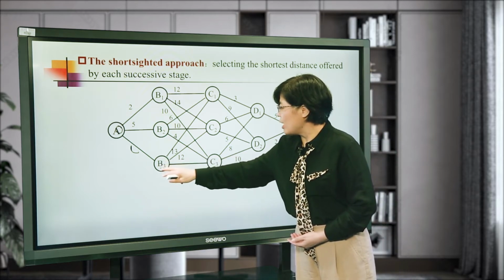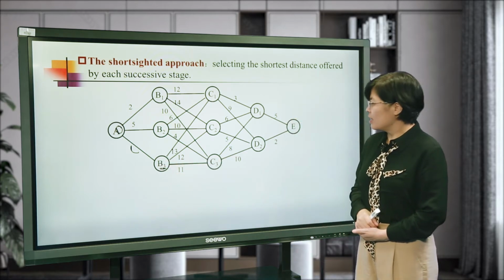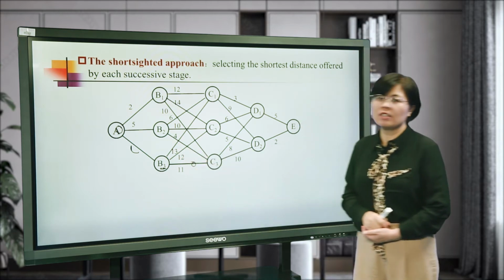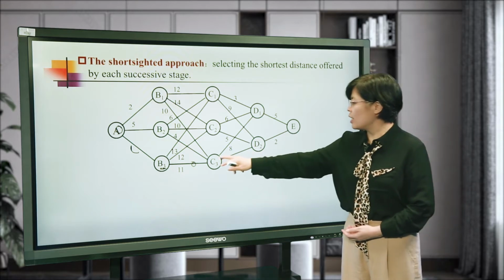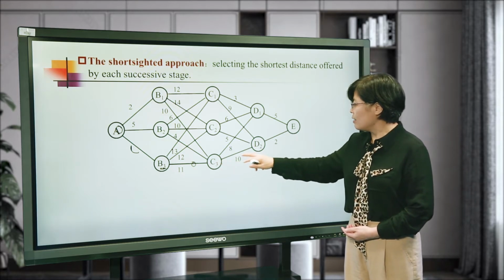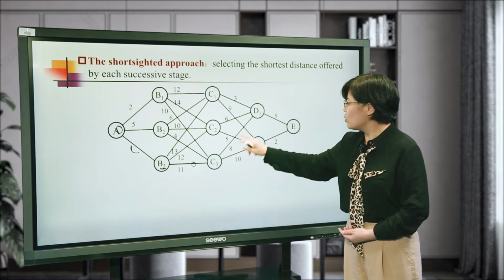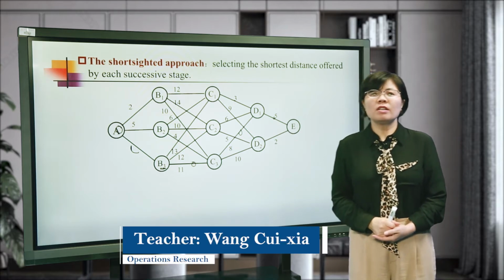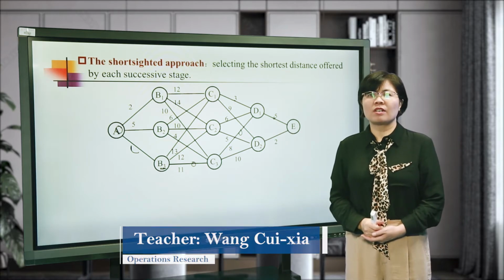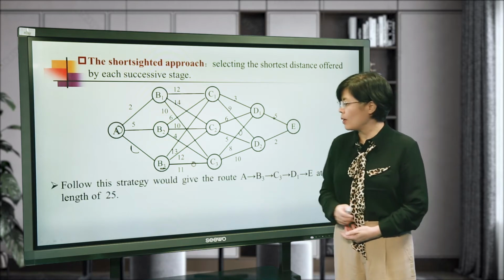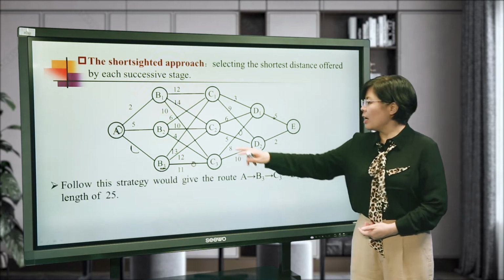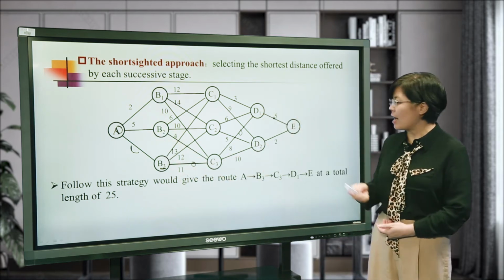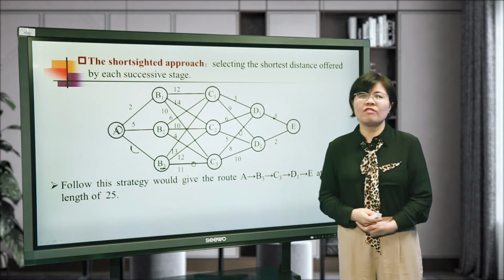Then arriving at city B3, he sees 11, 12, 13, so he chooses this path to city C3, then 8, 10, so he chooses this path to D1 and to E. So following the short-sighted approach, we get the route A to B3 to C3 to D1 to E, with a total length of 25.